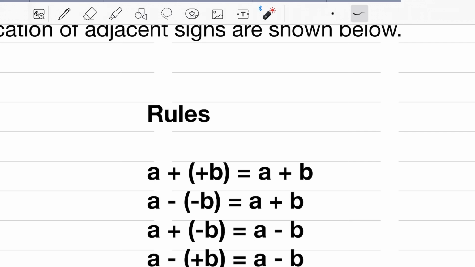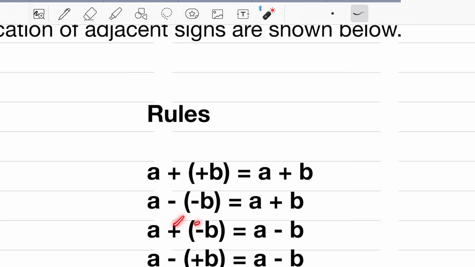So if you notice, when the signs are the same, the signs simplify to a positive sign. This is if they are both positive or if they are both negative, your signs simplify to a positive sign. And when the signs are different, your signs simplify to a negative sign.